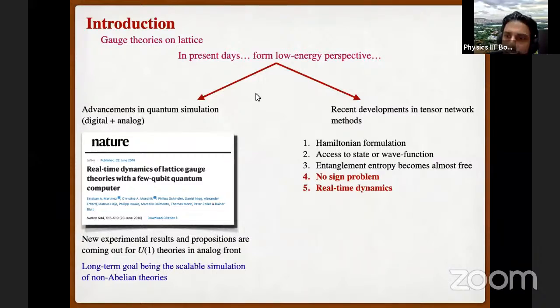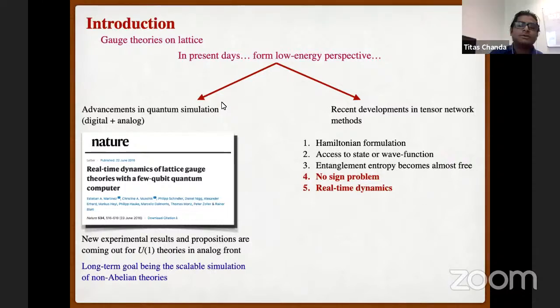So Titas, there is a question. Vikram is asking, what is the observable in digital simulations that tells you that there is vacuum polarization? Okay, so in such digital simulation, you can actually calculate particle numbers.